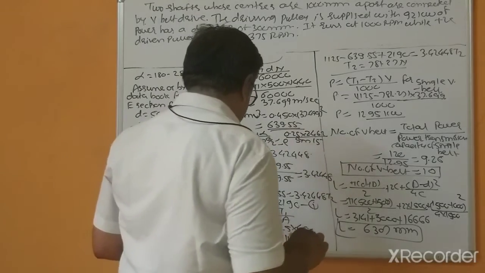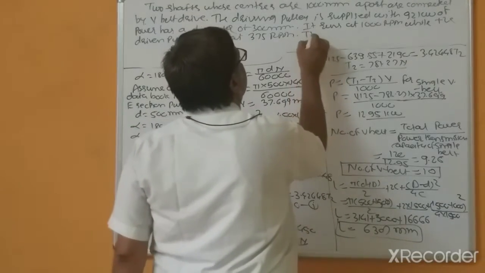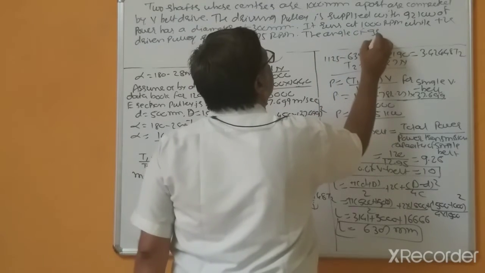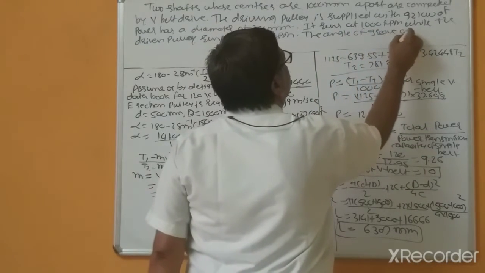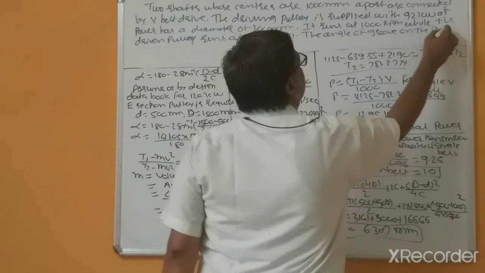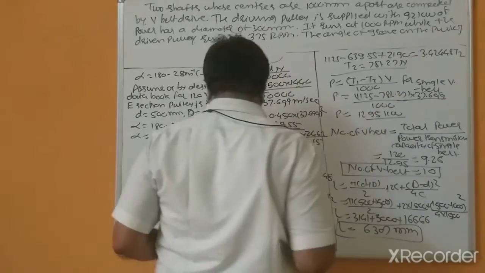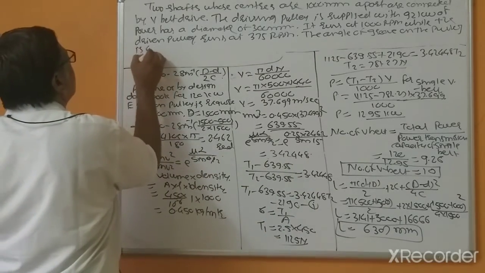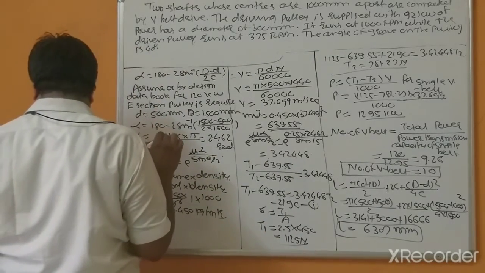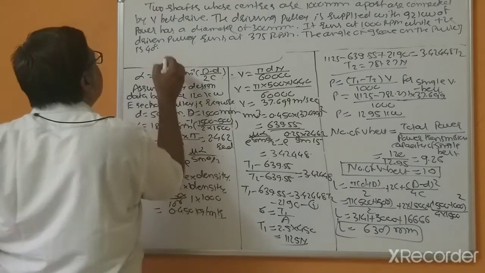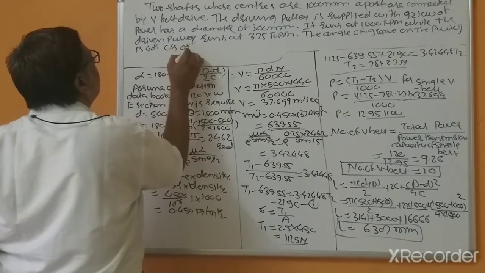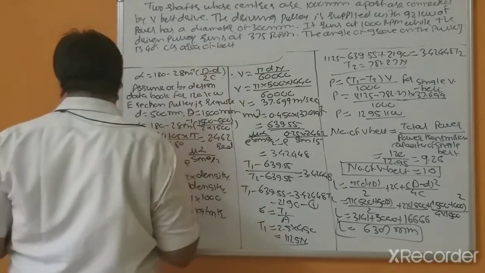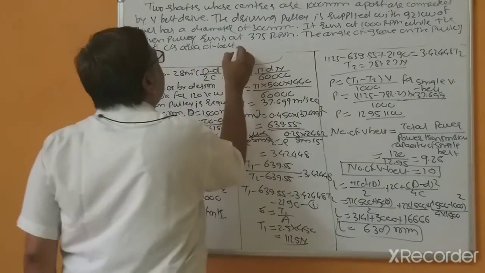The angle of groove on the pulley is 40 degree. Cross section area of belt is 400 mm square.